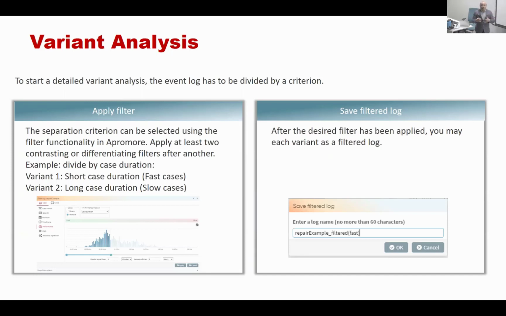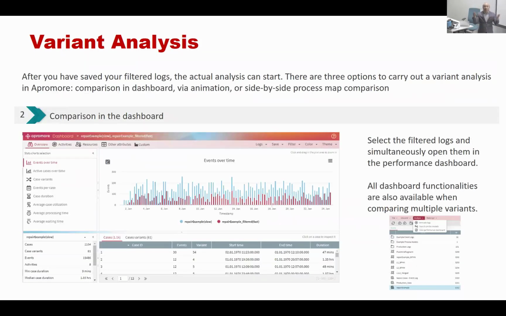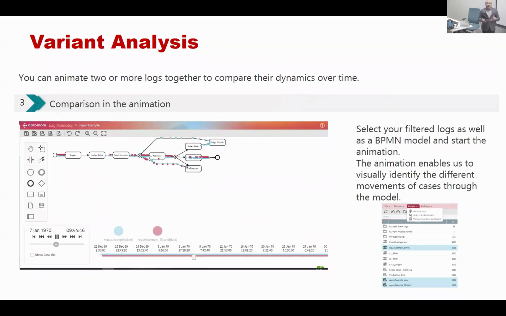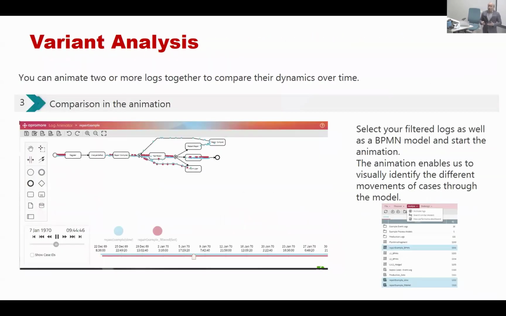And for convenience, you can save the filtered logs, and then you can start comparing them either side by side, you put two windows and you compare them, or by means of what we call a multi-log dashboard, or by means of a multi-log animation, which is what I'm gonna show you in a minute.